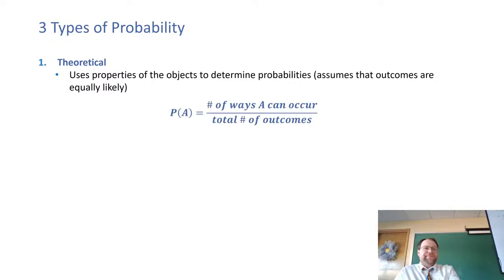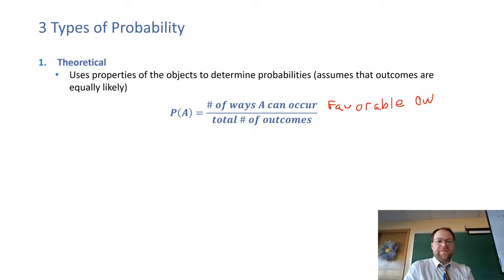And essentially, to figure out the probability of an event, you look at how many favorable outcomes you have, over all possibilities.